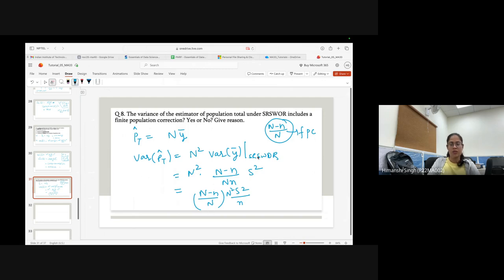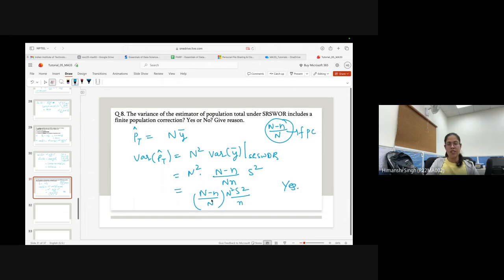When we consider simple random sampling without replacement, there was a finite population correction there too, so here also it arises. So the answer to this question is yes. This consists of finite population correction here.